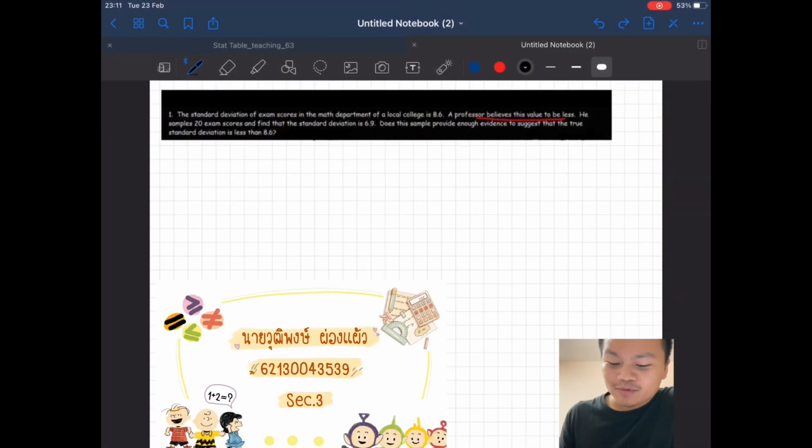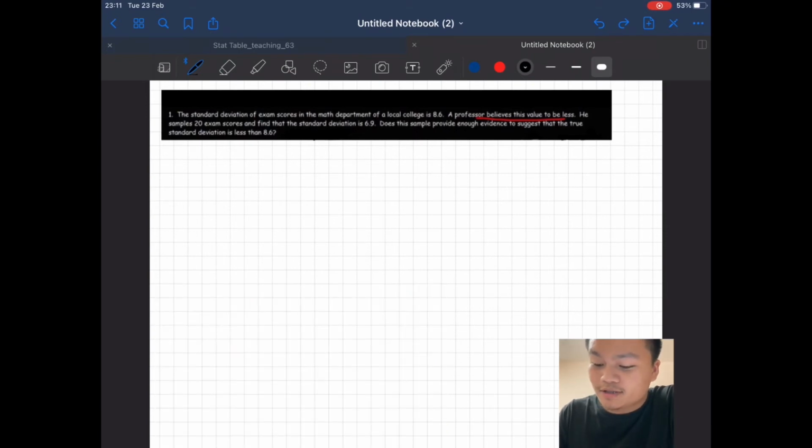The standard deviation of exam scores in the Math Department of a local college is 8.6. A professor believed this value to be less.